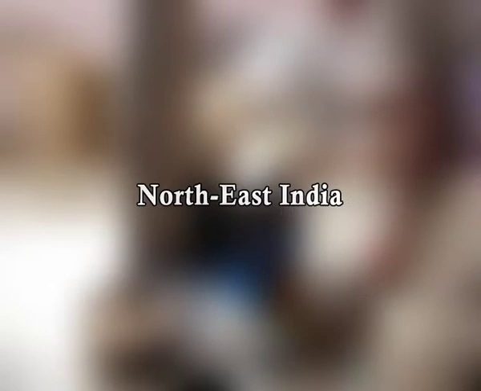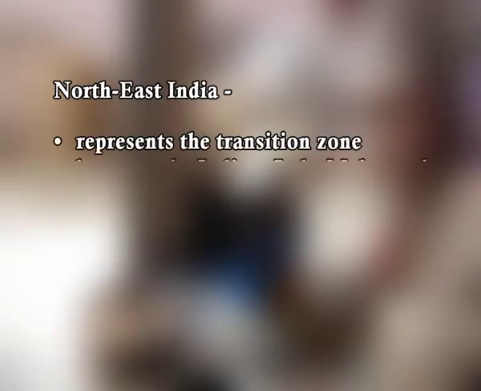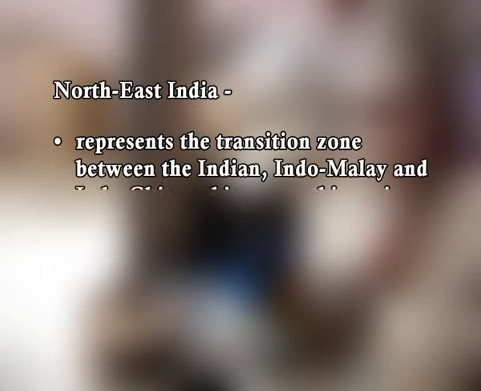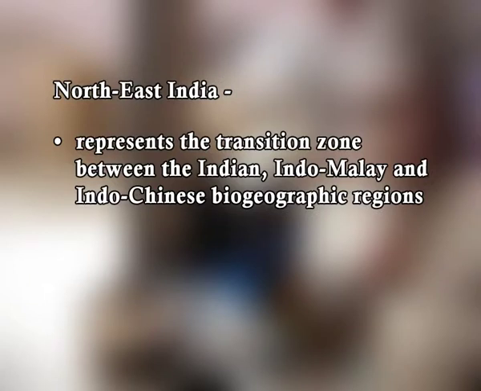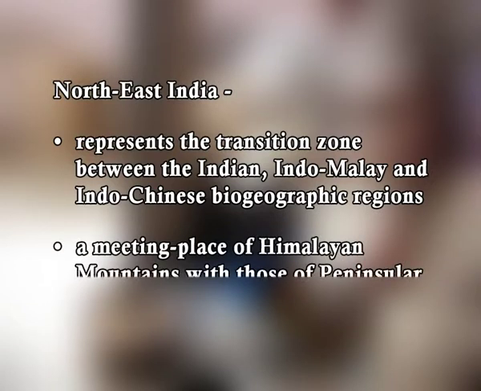Northeast India. The Northeast Indian biogeographic zone is most significant as it represents the transition zone between the Indian, Indo-Malayan, and Indo-Chinese biogeographic zones, as well as a meeting place of Himalayan mountains with those of peninsular India.